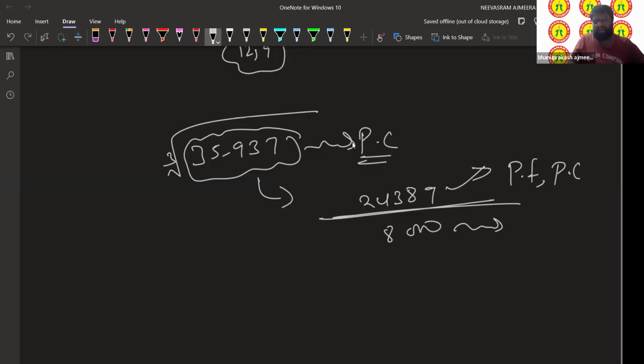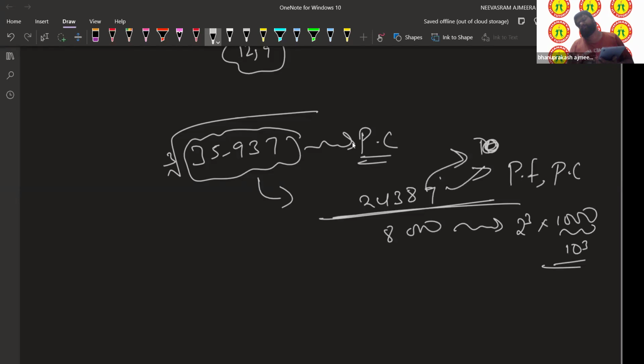And similarly, 8,000 means 2 cube into 1,000, and 1,000 is 10 cube. Similarly, you will get bases with powers after prime factorization. That power will also be a perfect cube. So your answer will be very easy to find out.